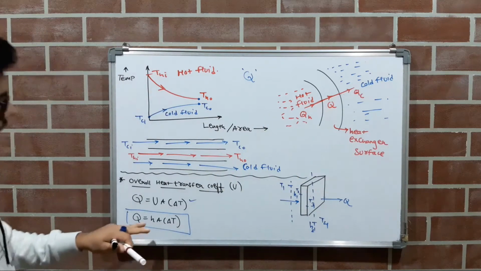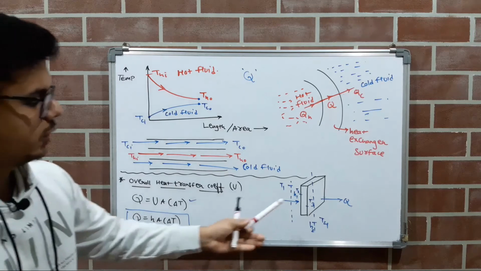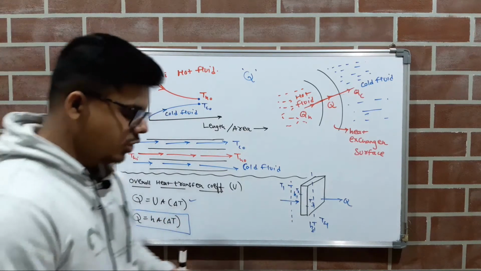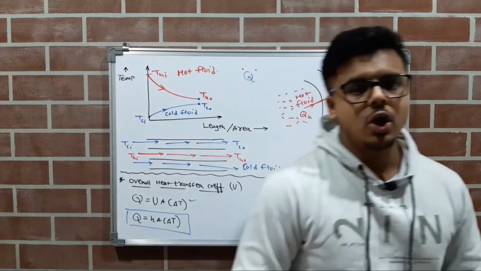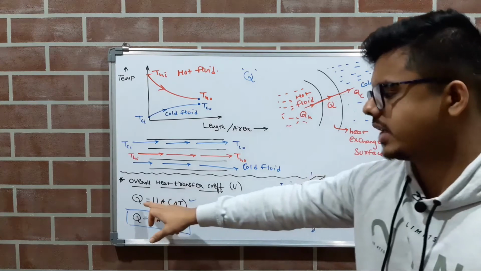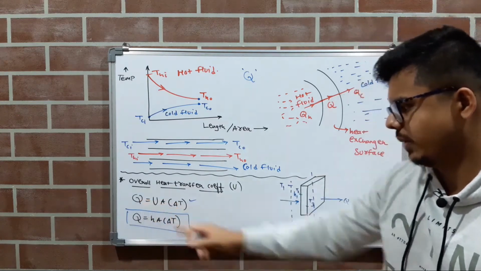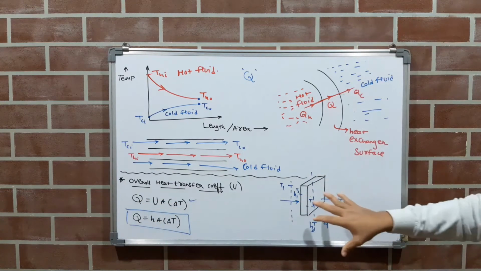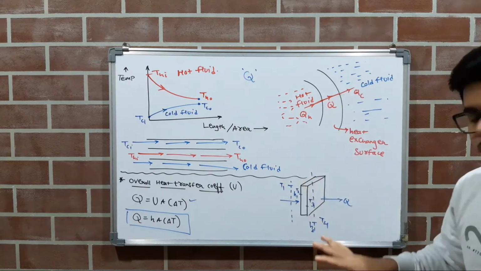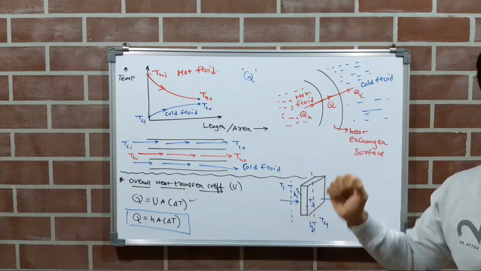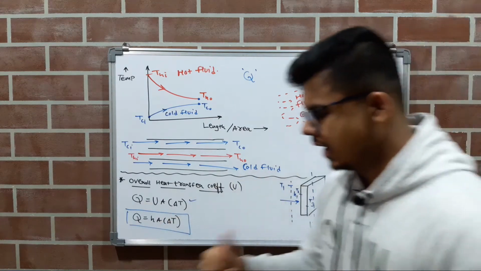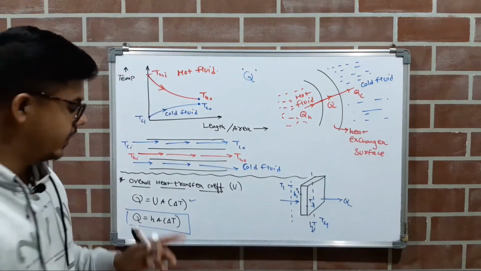So instead of using the individual heat transfer coefficients of the two different fluids, we will consider the overall heat transfer coefficient. If you want to find the heat transfer rate by considering the convection case only, then we use Newton's law in the one-sided condition. When we have fluids on both sides of the solid boundary or solid medium, we use this formula, U A delta T. Now how to find U?